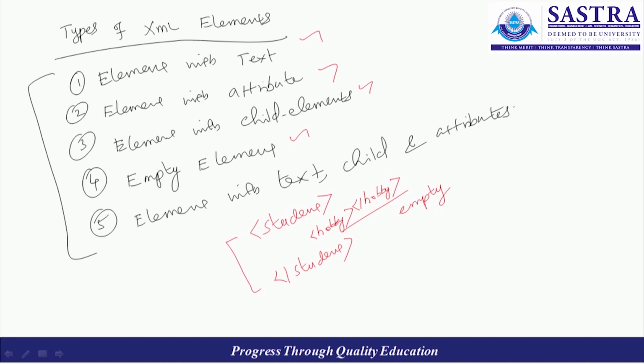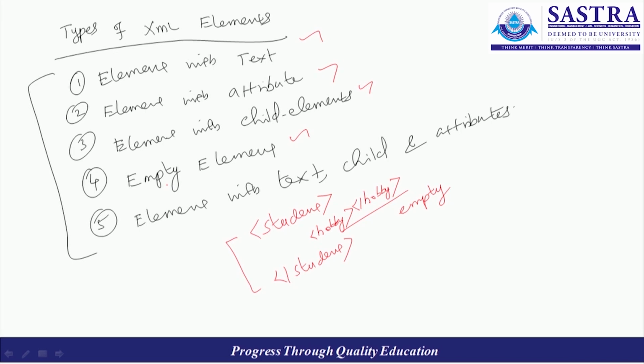Now we may have one more question, whether an empty element will be allowed to carry an attribute. Yes, it's optional. We may want to keep additional information about the particular element that is not carrying any text or child.